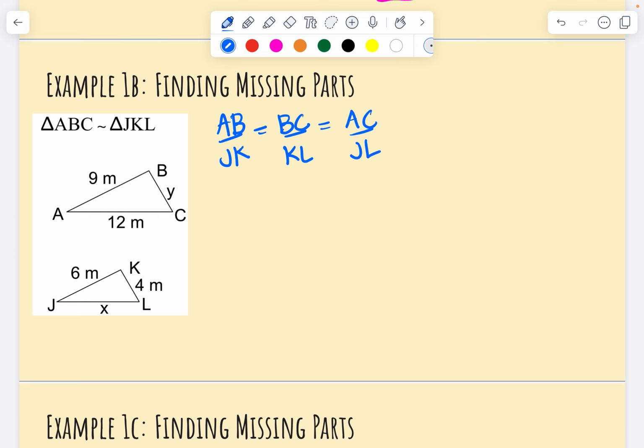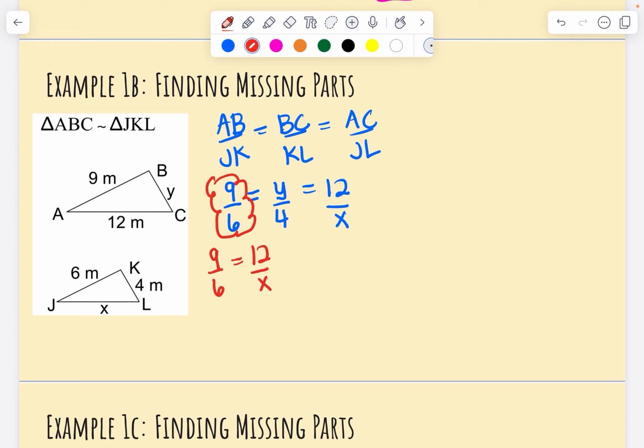Plugging in what we know, we have 9 over 6 equals Y over 4 equals 12 over X. So this is going to be the fraction that we're going to be using to solve both X and Y. We'll start with X. 9 over 6 equals 12 over X.